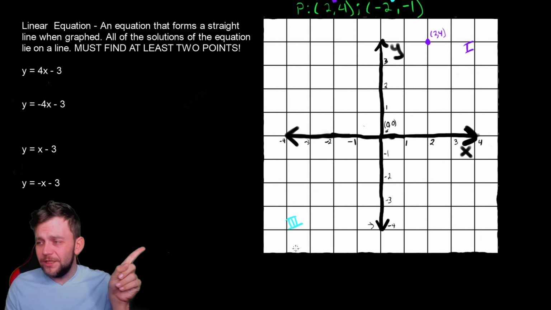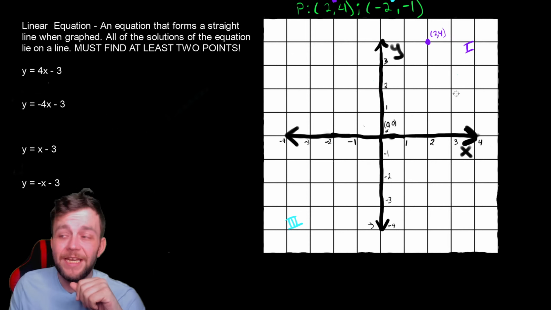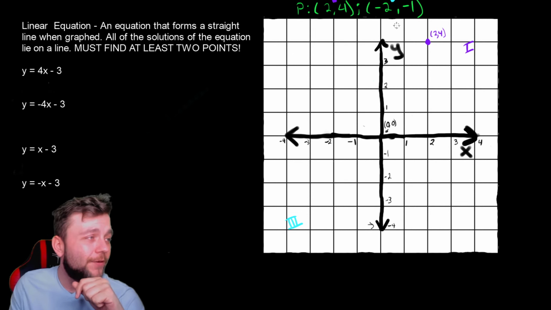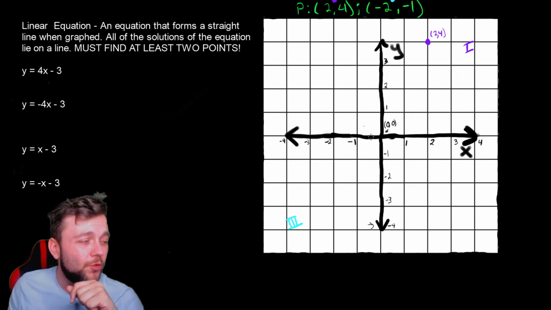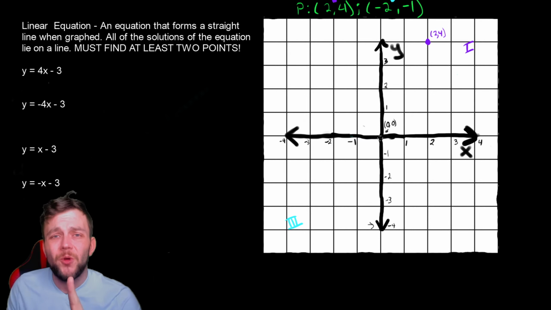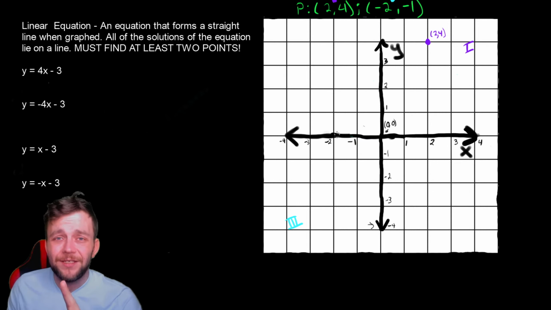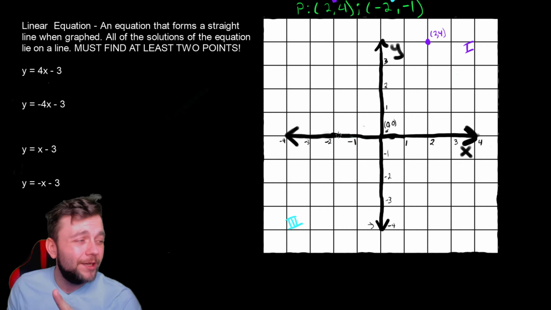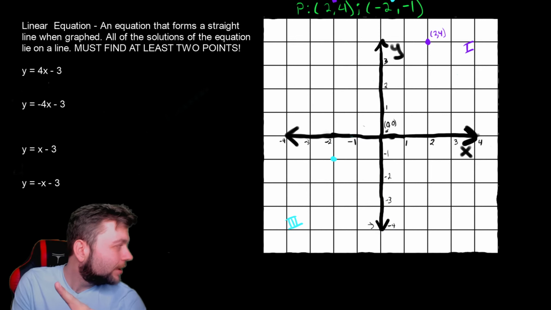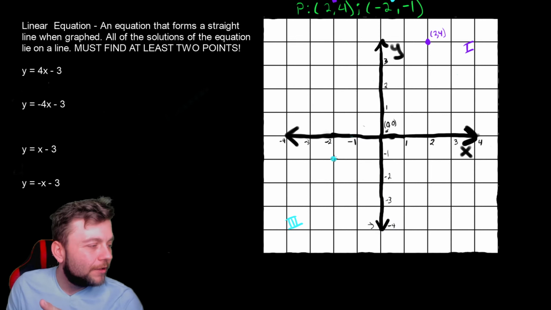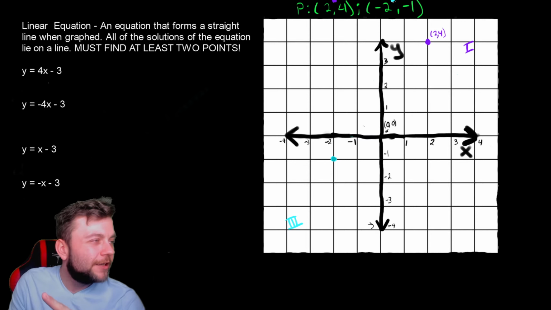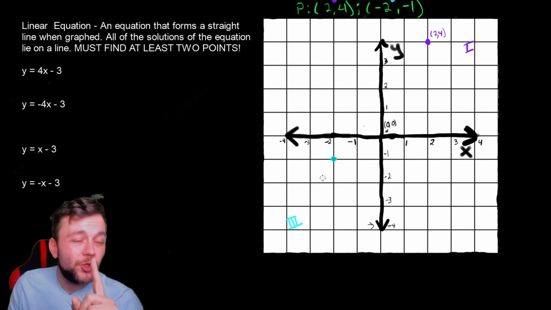So we go to the left 2 spots from our origin. Always start at your origin. To the left 2 spots, so 1, 2, and then down how many spots? Because it's a negative number, we go down 1. And there, we'll go a little bit darker. There we go. So we have our 2 points.